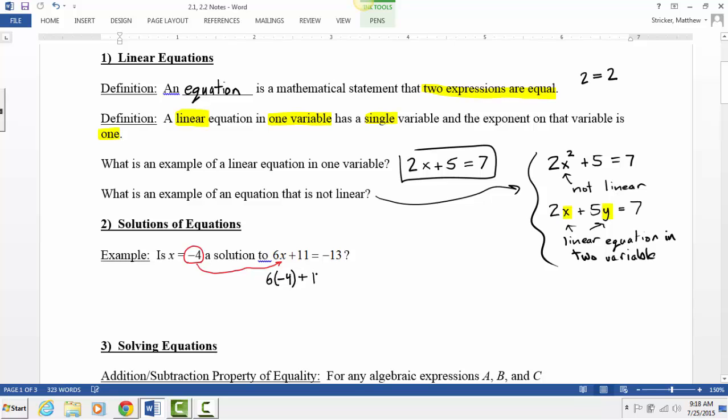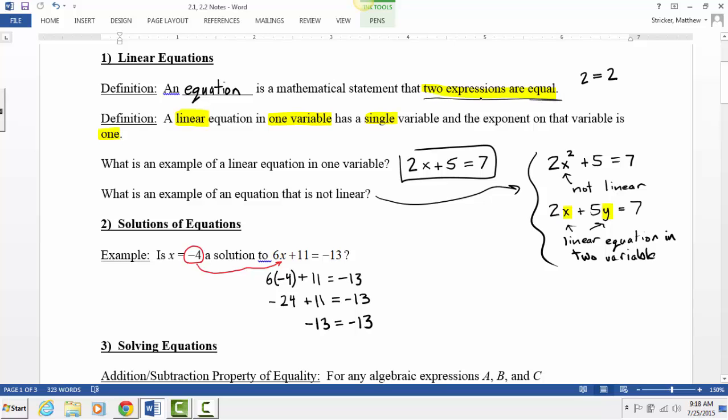And we have plus 11 equals -13. Simplifying here, with order of operations we multiply before we add. So we take a positive 6 times a -4, that's -24, plus 11 equals -13. Now we can add. Negative 24 plus 11 is in fact negative 13.